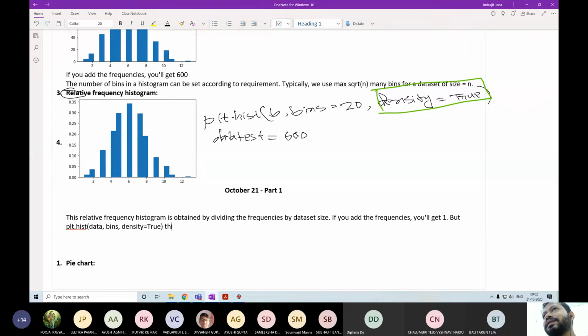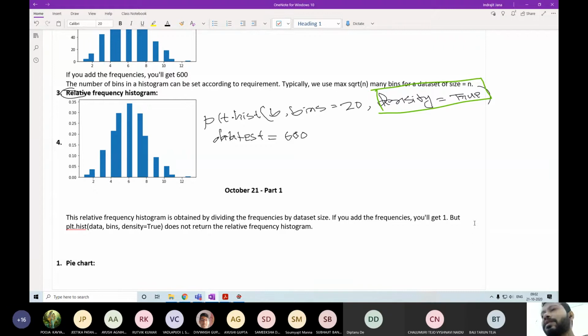This command actually doesn't give you the relative frequency histogram. It returns something called the estimate of a probability density function, which is not what we're talking about here.